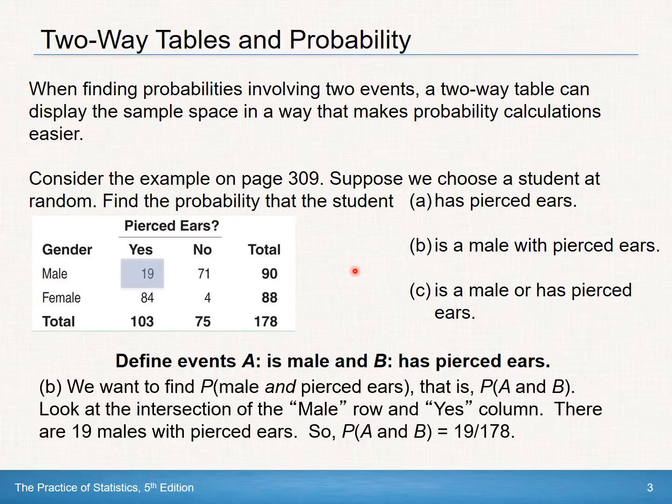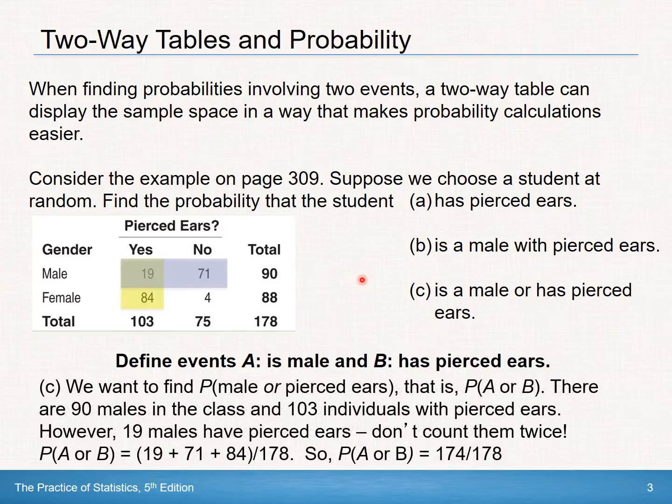Letter C says the probability that they are a male or they have pierced ears. So this is different. The probability of male or pierced ears would be the probability of A or B, since there are 90 males in the class and 103 individuals with pierced ears, but 19 of those already are males with pierced ears.